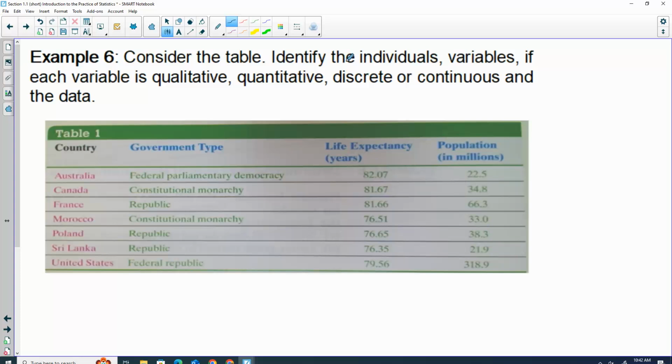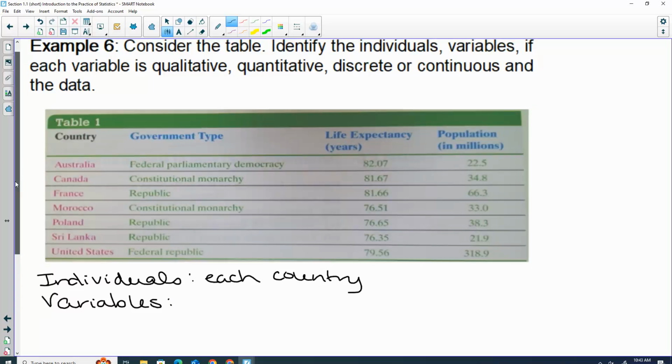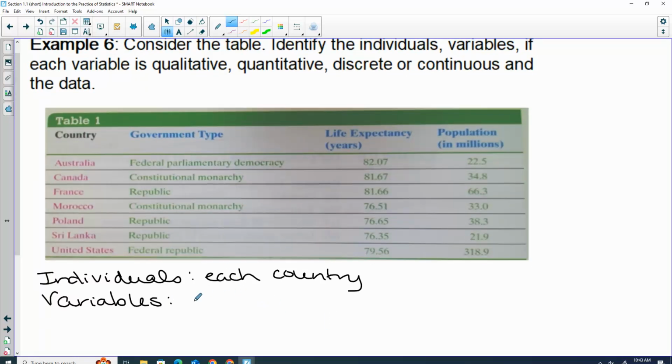So I want to know, in this, first of all, what are the individuals? Variables. That's the information I'm collecting about my individuals. What information did we collect? The government type.